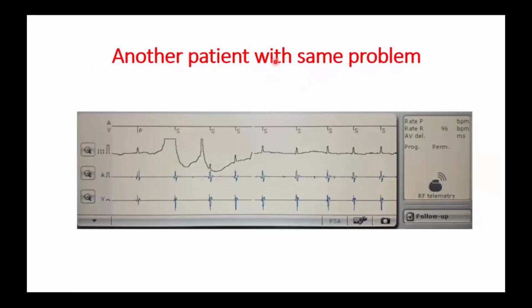So this is another patient with an atrial lead dislodged in the ventricle, and you can notice here that the A and V are simultaneous. You should have a clear ECG, as this may actually be a junctional rhythm, and you can only differentiate this by testing.